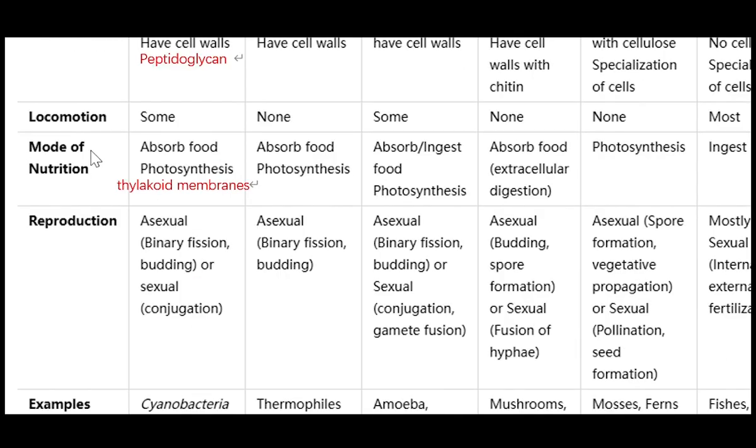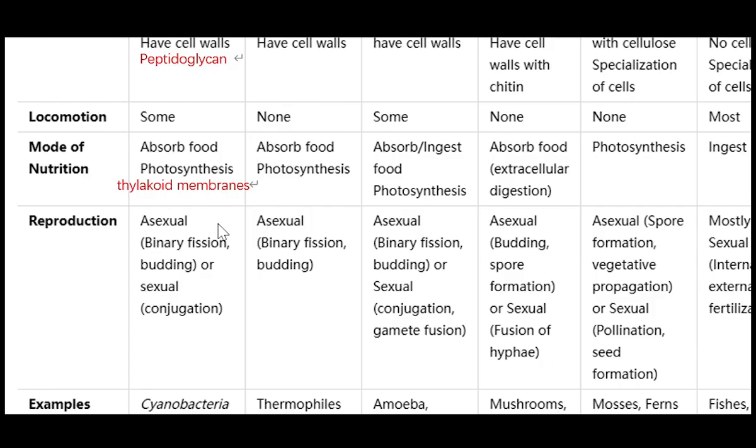And in terms of the mode of nutrition, some bacteria are heterotrophs, meaning that they have to consume food from an outside source, while other bacteria are able to do a form of photosynthesis. The thing is, they do not contain chloroplasts in their cell, which I didn't mention in the previous lesson, but they contain thylakoid membranes, which is a similar structure to chloroplasts in plants.